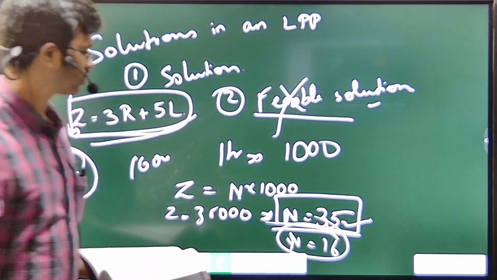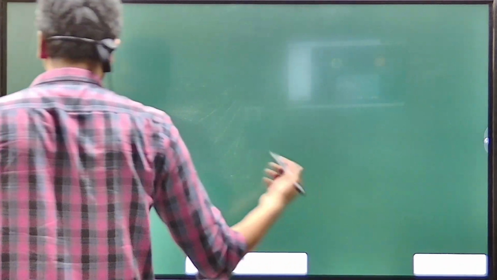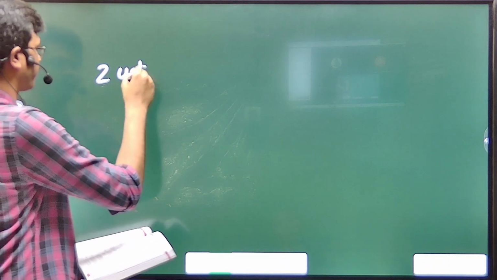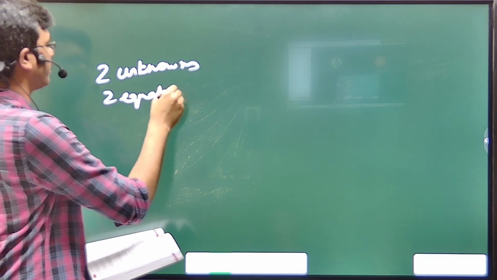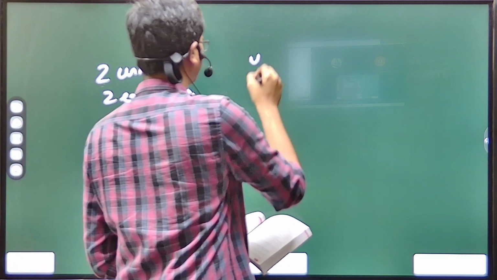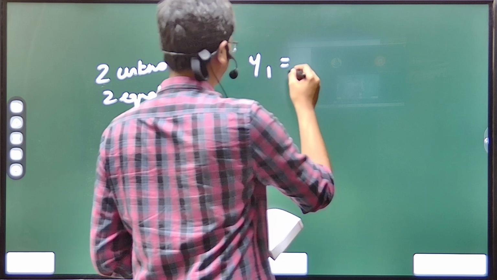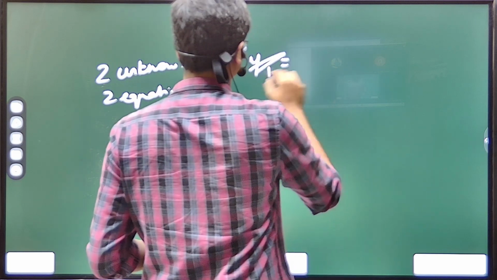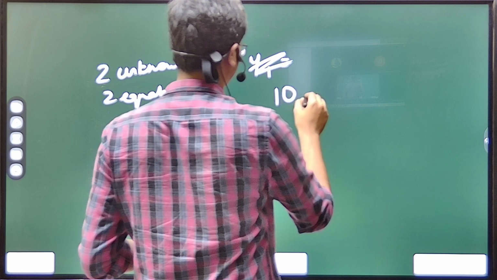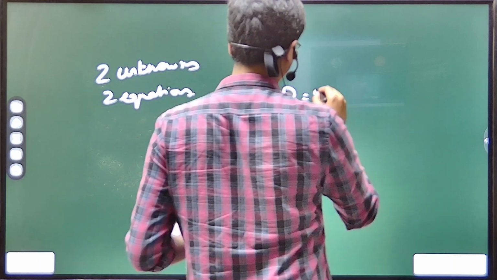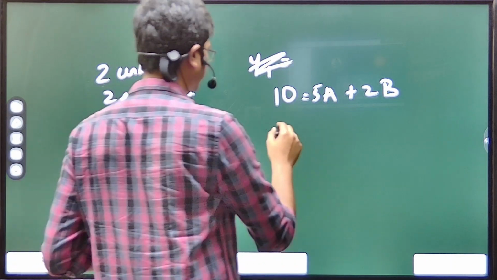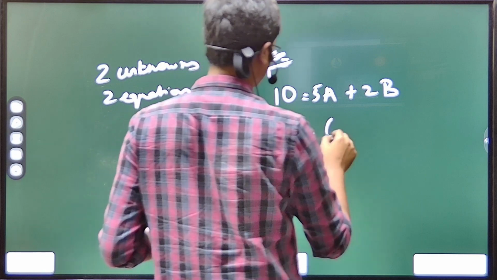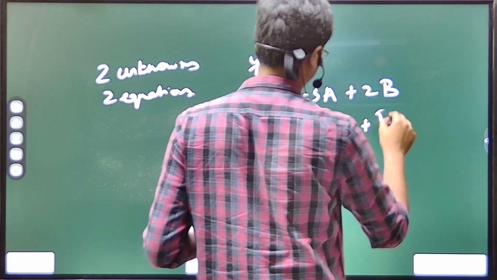And basic solution. What is a basic solution? Now suppose you have two unknowns and you have two equations. I'll give you something like 10 equal to 5a plus 2b, and another equation, 15 equal to 6a plus b.